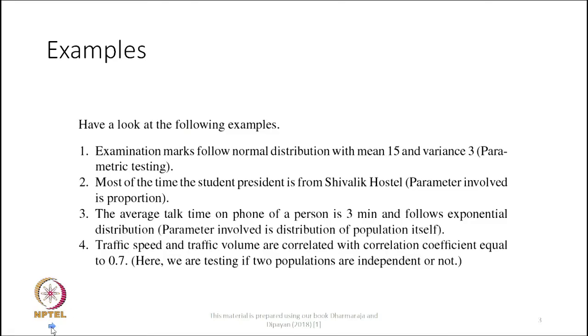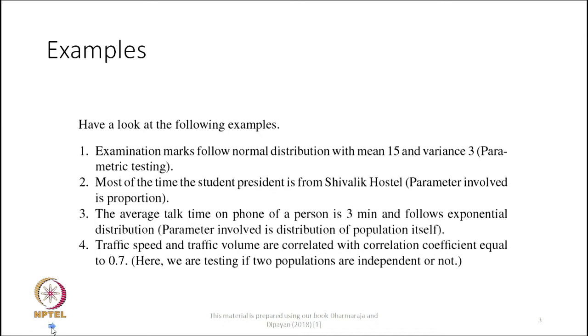That is also a proportion problem. And the average talk time follows 3 minutes. So you can think of two different problems for a given distribution: whether the average talk time is going to be 3 minutes or not, whether that can be acceptable or rejected, or whether you conclude the population follows an exponential distribution or some other distribution.